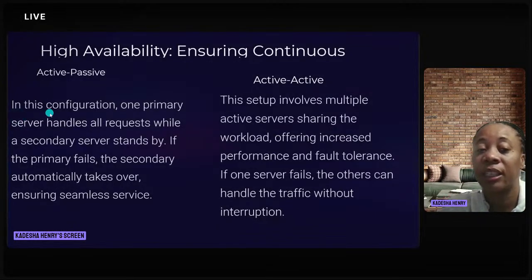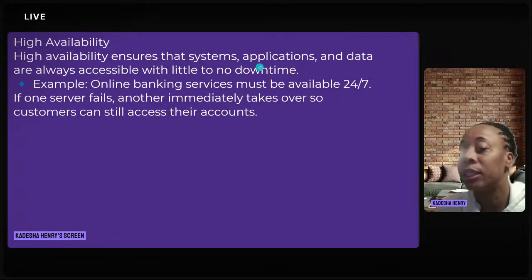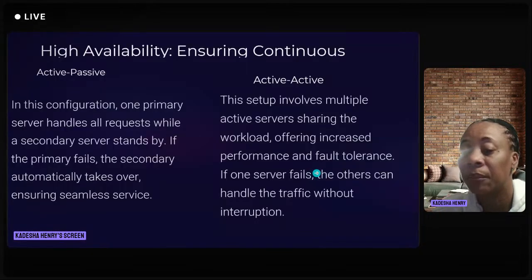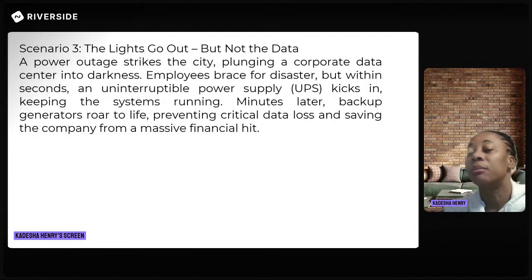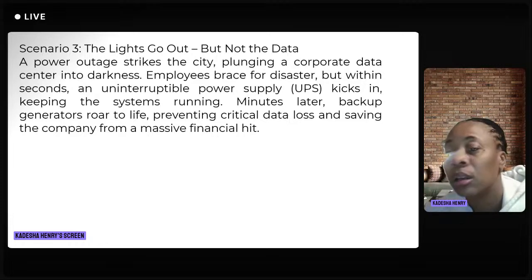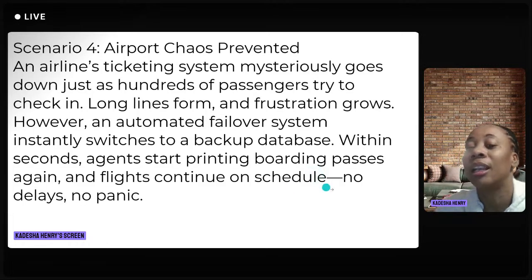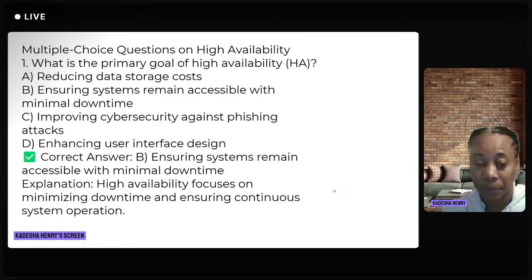We say that it is good for ensuring systems, applications, and data are always available with little to no downtime. So that is availability. That's why we choose that answer, because the data must always be available with little or no downtime.